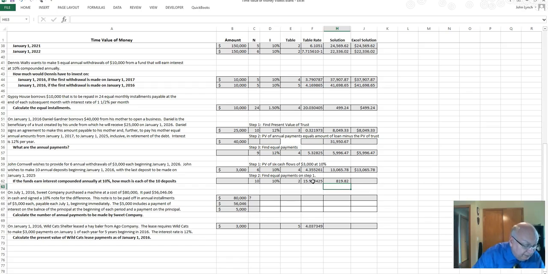So that's going to be your payment. And on this one, it's equal PMT. The rate is 10%. Number of periods is 10. And this is the future value of it. So you come up with the same results. Okay.